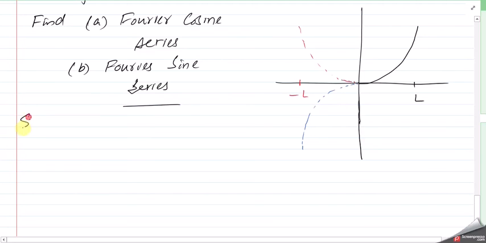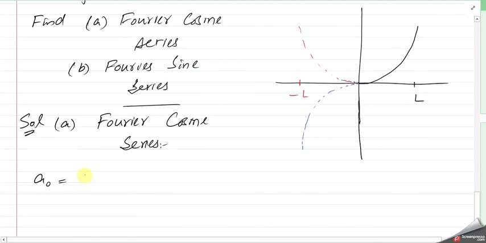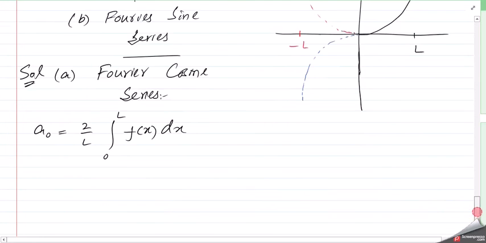So let's see how it works. So the solution, I'll write the formulas within the question. For Fourier cosine series, our formulas are A naught equals 2 by L, 0 to L, f of x dx. Okay?